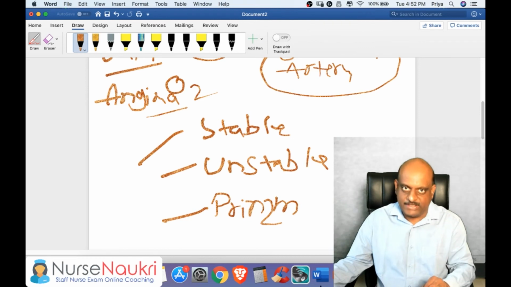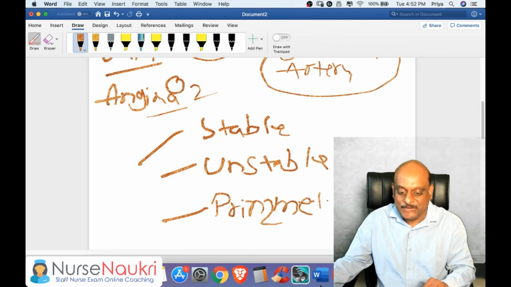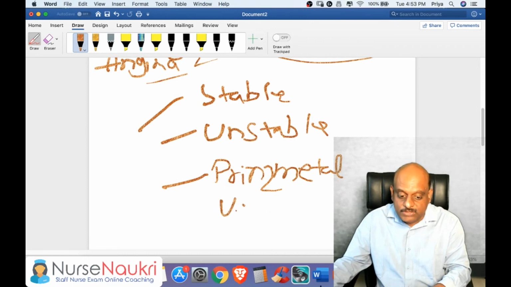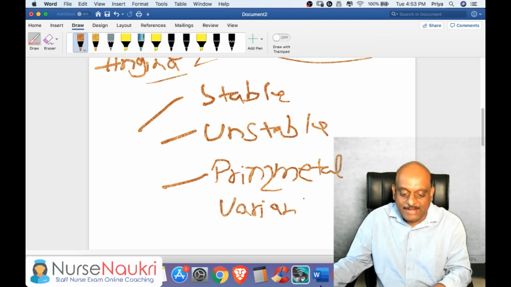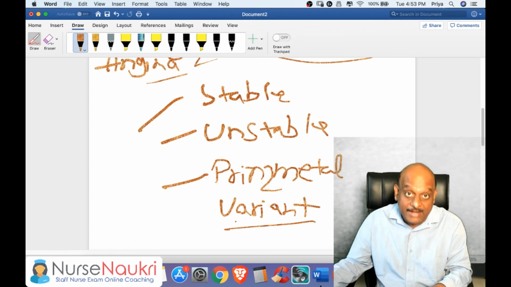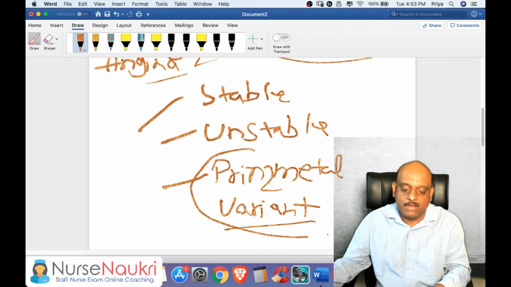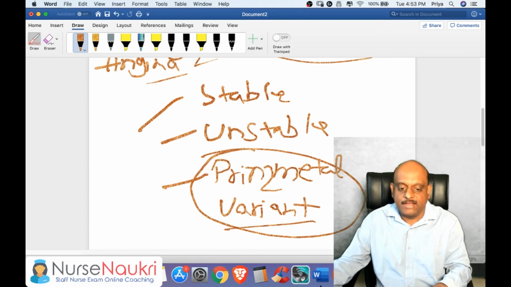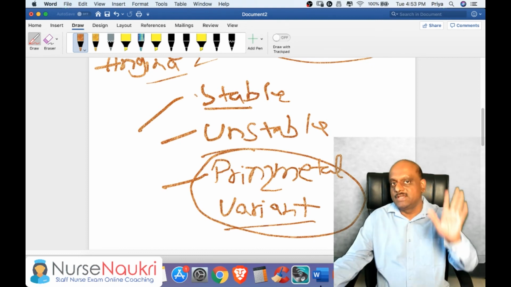There is no metal inside it, but still it is called metal. Prinzmetal angina, and there is another name for it, which is called variant angina. So you should remember, Prinzmetal or variant angina is one variety. Unstable is another variety. Stable angina is another variety.